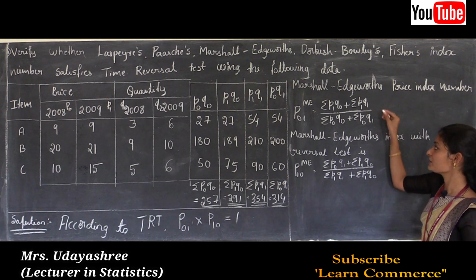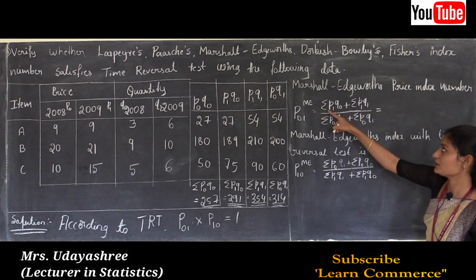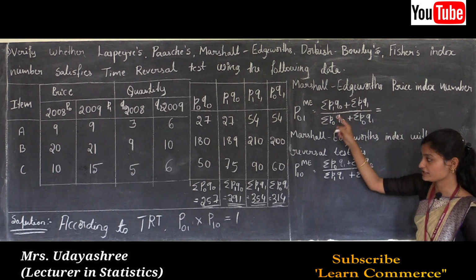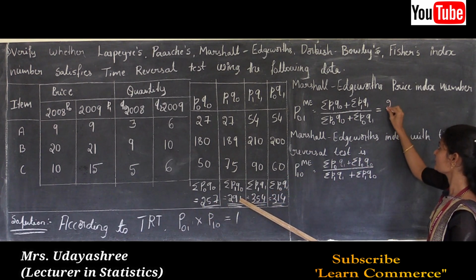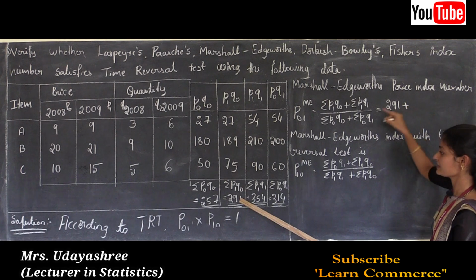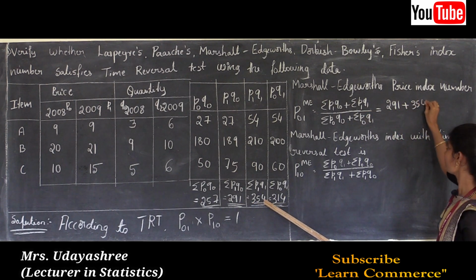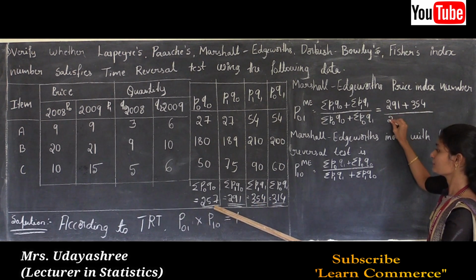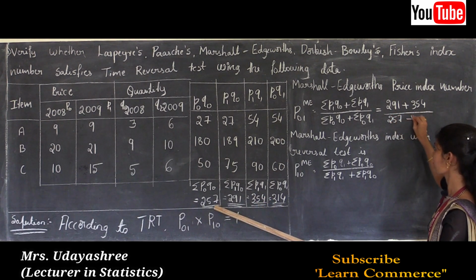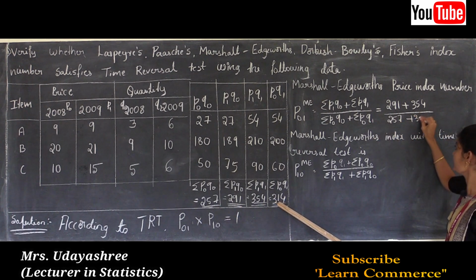Now substitute the values into this formula. This is equal to summation P1 Q0, which is 291, plus summation P1 Q1, which is 354, divided by summation P0 Q0, which is 257, plus summation P0 Q1, which is 314.